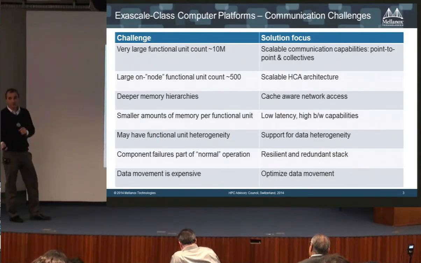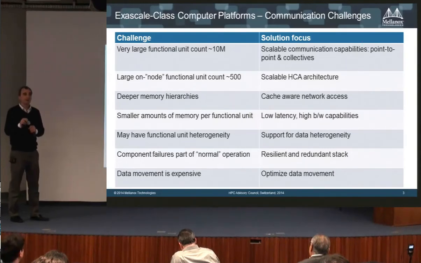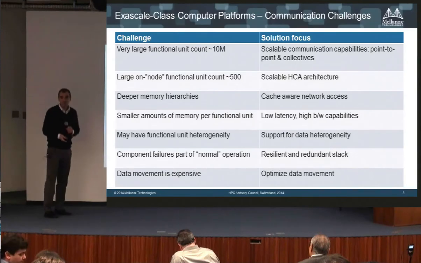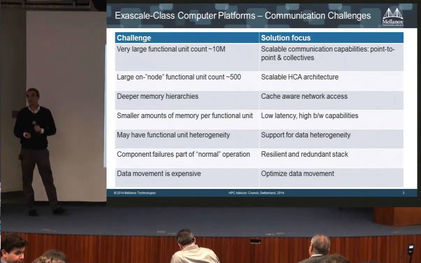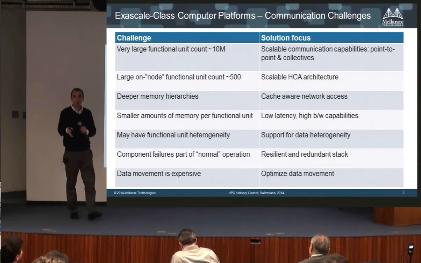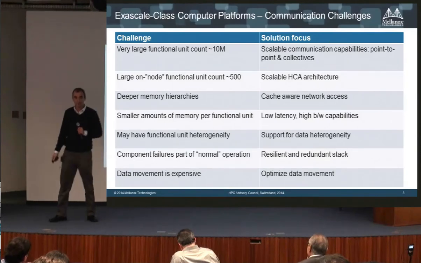We see today that on every individual node, the number of cores can go all the way to a few hundreds. And for that, when we design our network adapters, we need to do it in a way that takes into account this high number of different threads and processes that could be running on top.